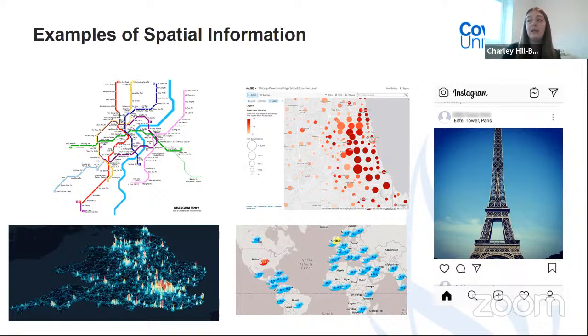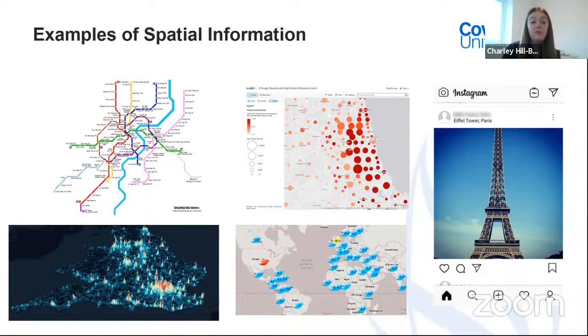Some more geographical examples. We've got an example here from Chicago, and this is mapped through an online system, ArcGIS Online, looking at poverty and education. So can we associate the level of school education with poverty within Chicago itself?